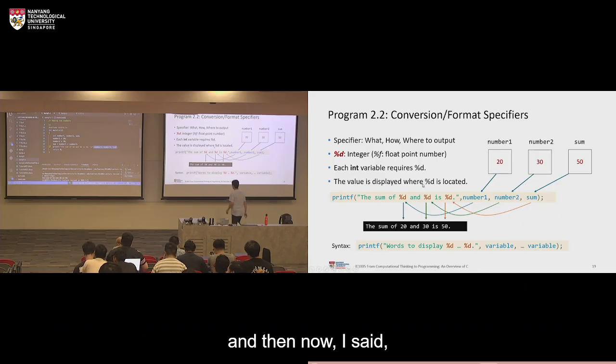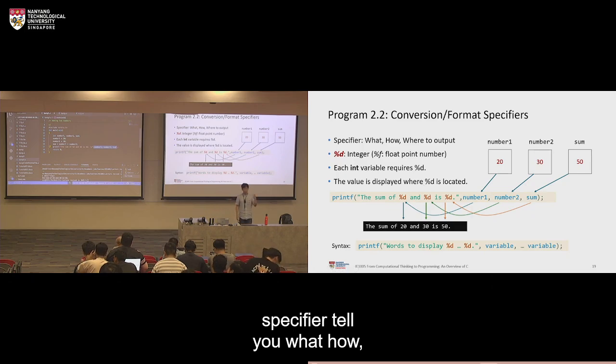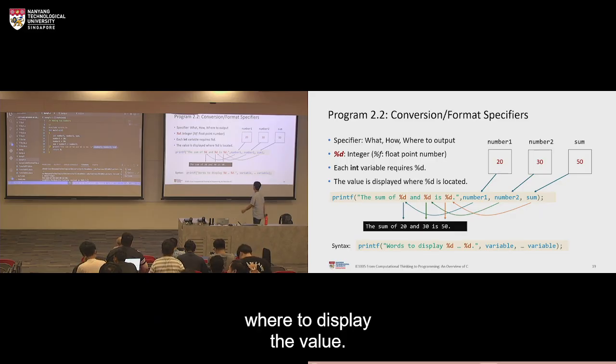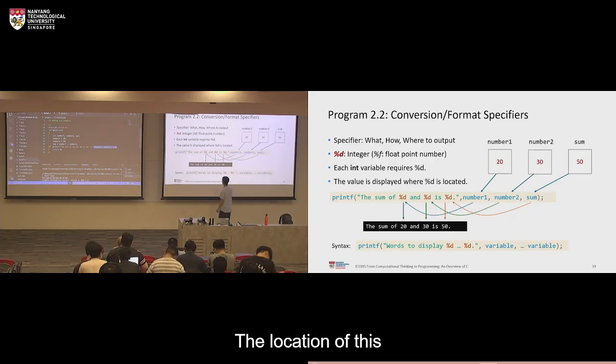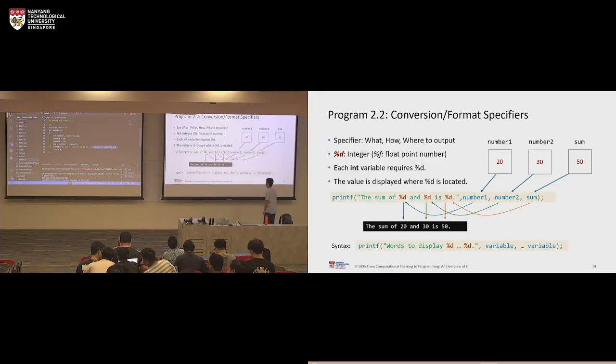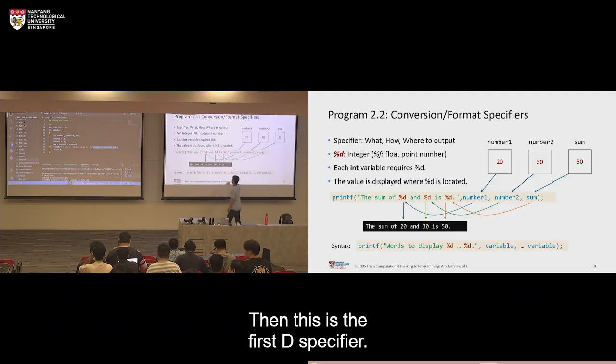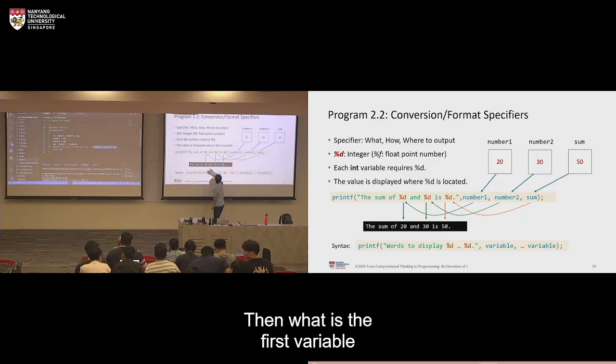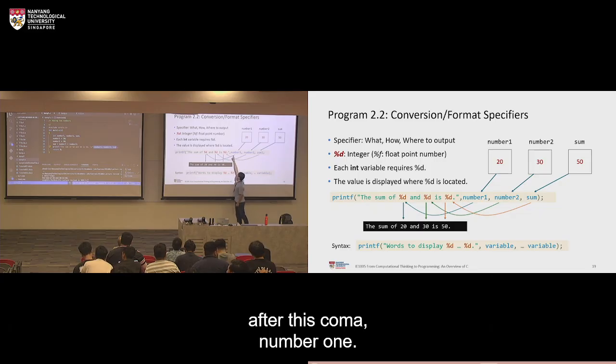And now, I said the specifier tells you what, how, where to display the value. So the location of this specifier tells you where to display. Okay, then this is the first %d specifier. So then what is the first variable after this comma? Number 1.